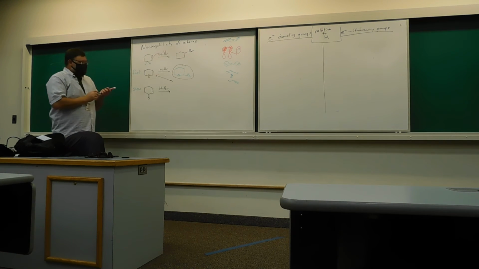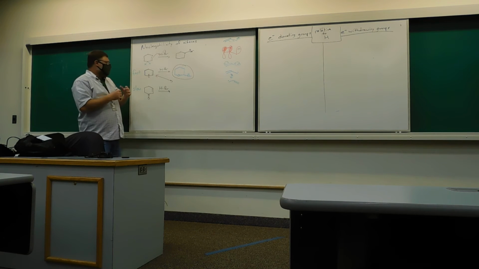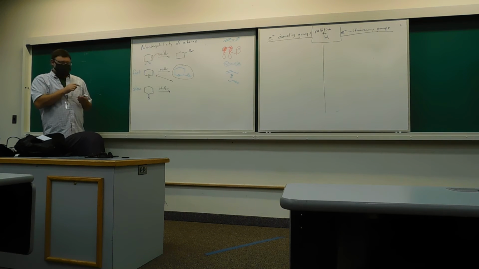So what you need to have resonance is a lone pair next to a pi bond, or vacant orbitals next to pi bonds. They have to be bonded to each other. So the lone pairs on this oxygen are actually in resonance with that double bond.